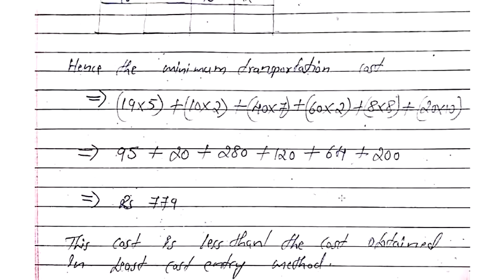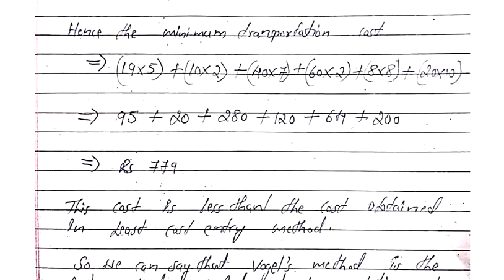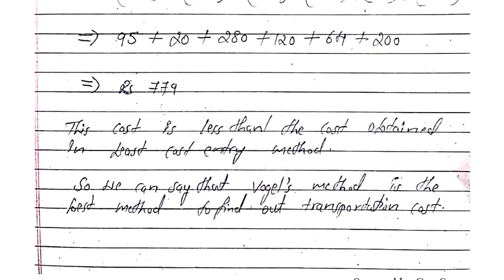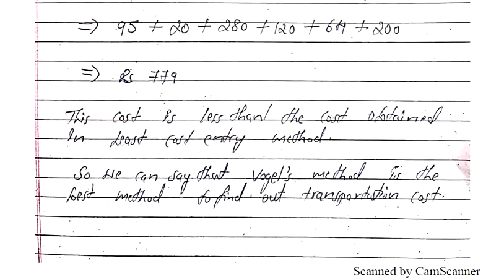That is why I have told you Vogel's approximation method is a very important method where we get the minimum cost. The cost is rupees 779. This cost is less than the cost obtained in the least cost entry method. That is the end of the problem. We can say that Vogel's method is the best method to find the least transportation cost.